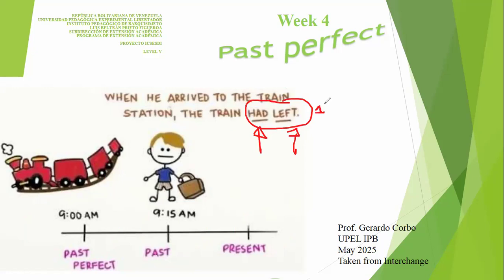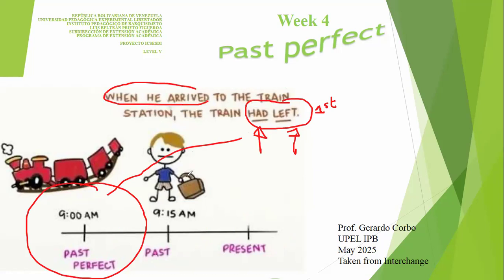This is the action that happened first, I mean in time, okay? Remember that this action is here. It happened at 9. Then the boy arrived at 9:15. So that's why this is the second action that occurred in the past.